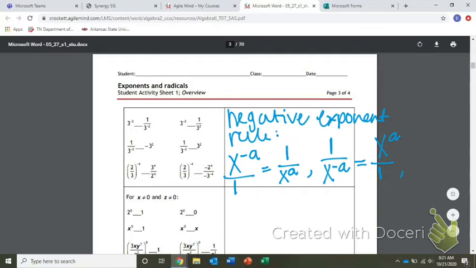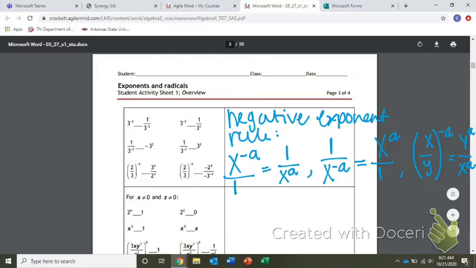The last one, let's say I have an x over y with a negative exponent. Well, I don't like negative exponents. So you flip your fraction and you make it positive.